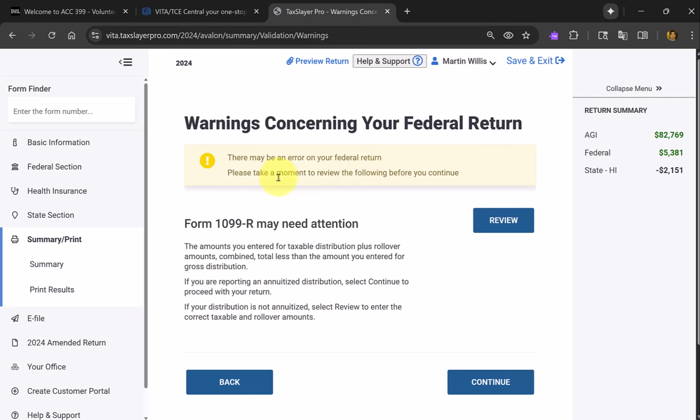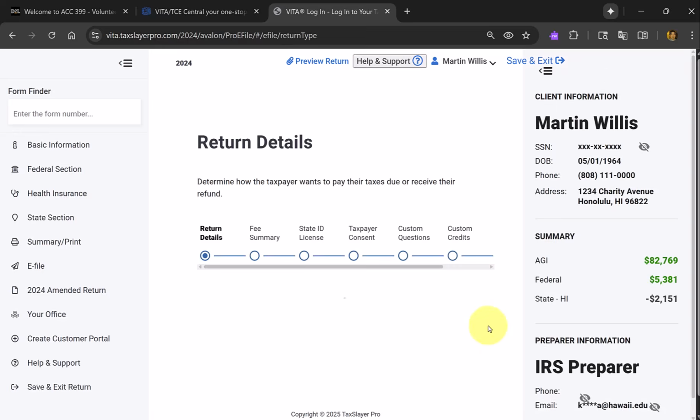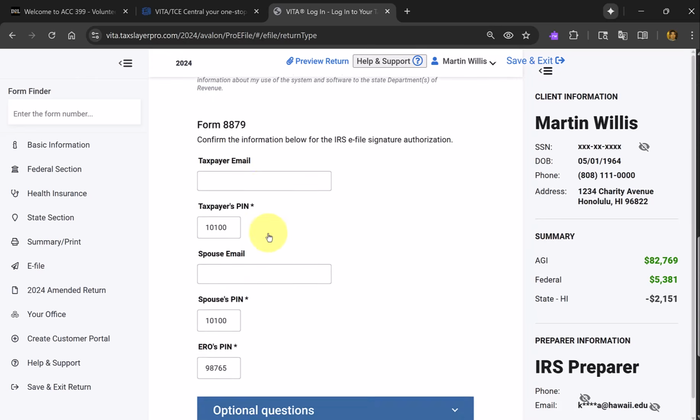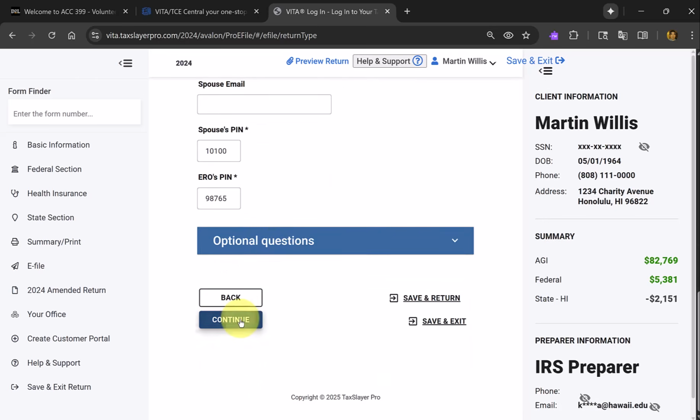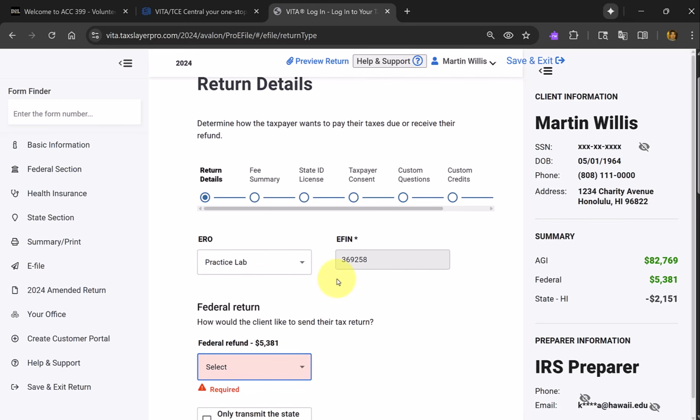It's just saying that the amount taxable is not the same as the gross amount. Okay, so we finished with this screen here. We don't charge any fees, so we just go to the next screen. Continue.